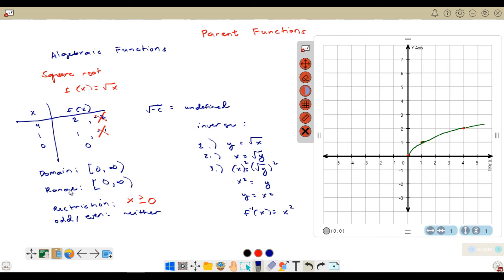Now, for the general form of square root functions, we have f of x is equal to a square root of b times x minus h plus k.